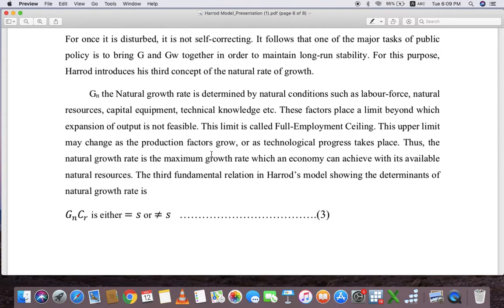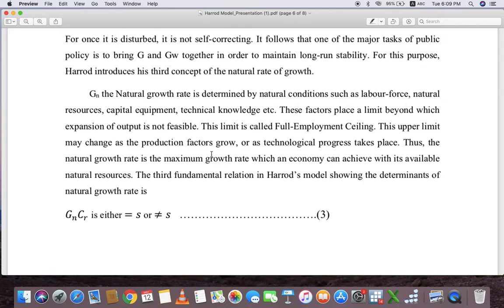Only when the technical progress takes place, this upper limit increases. Otherwise, given the amount of all these resources, this upper limit remains constant. Thus, the natural growth rate is the maximum growth rate which an economy can achieve with its available natural resources.